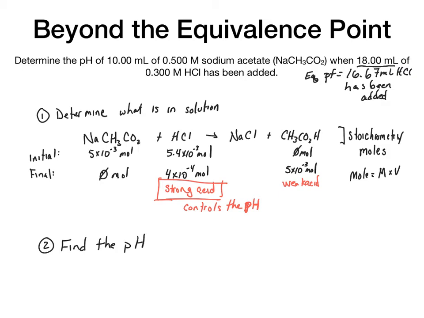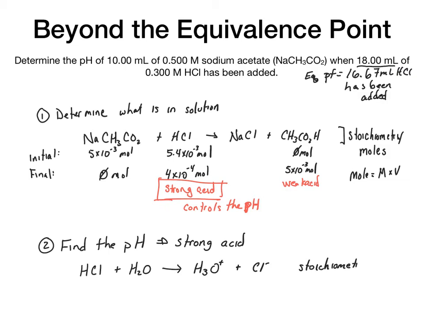And in this case, we are going to be finding the pH of a strong acid. When we have a strong acid in water, it does not form an equilibrium. Instead, it completely dissociates, and so that means that we get to do stoichiometry in order to find the pH.